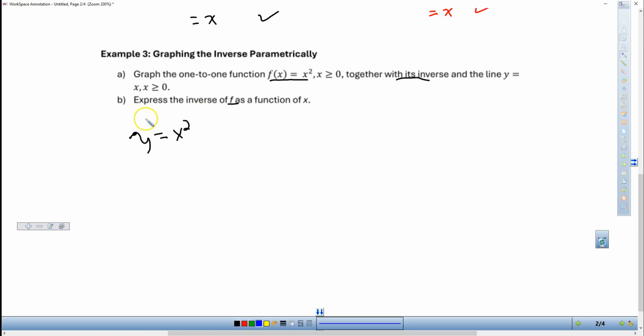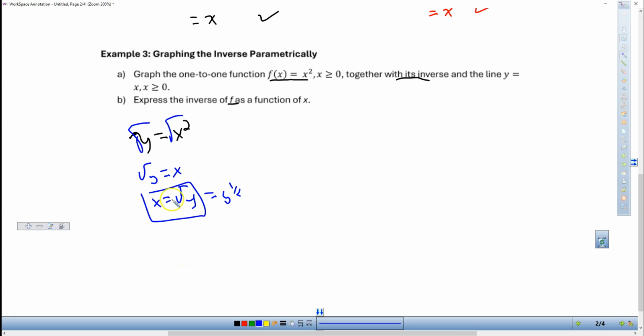So the easiest way to do this is I want to solve for x, square root of both sides. And so now I have the square root of y is equal to x. All right. And if I want to do this further, I could, of course, do this as saying like x is equal to the square root of y, or I could even say that is equal to y to the 1/2. Either way, this is still a very good idea for what our inverse function might be.